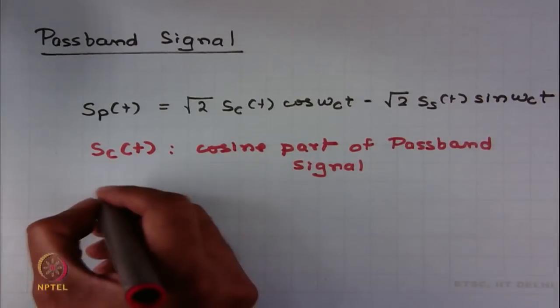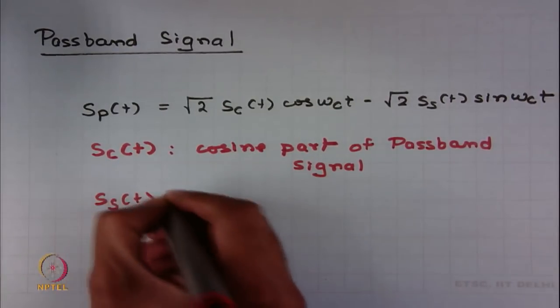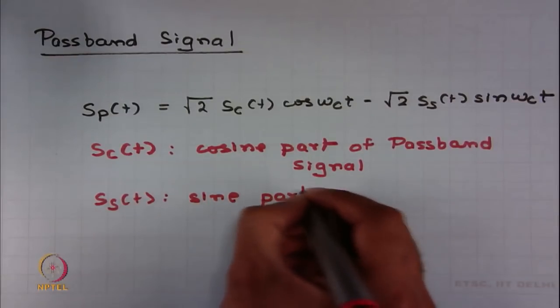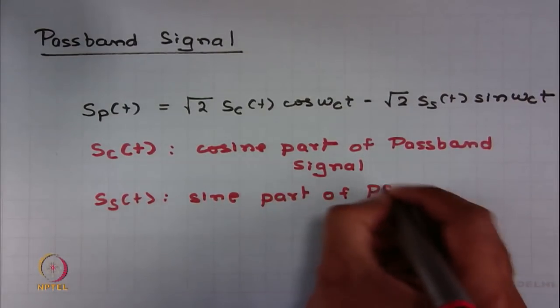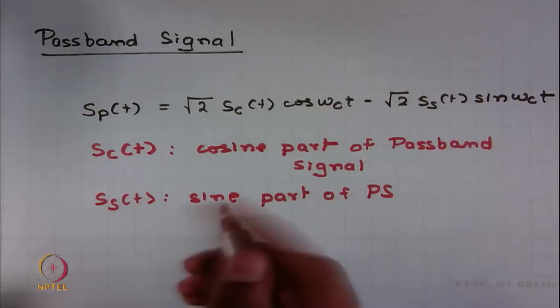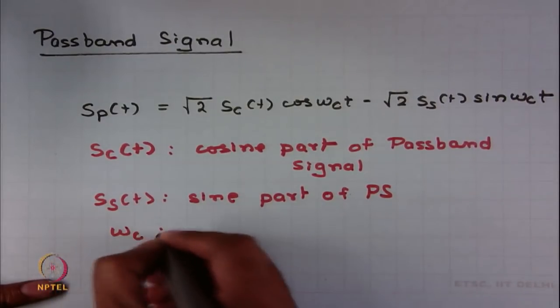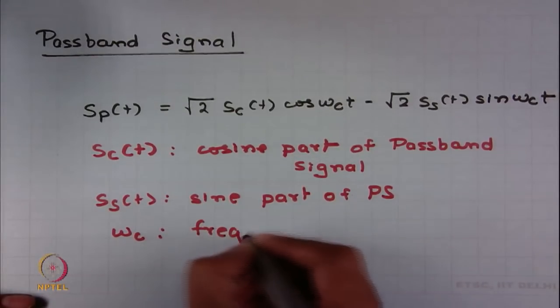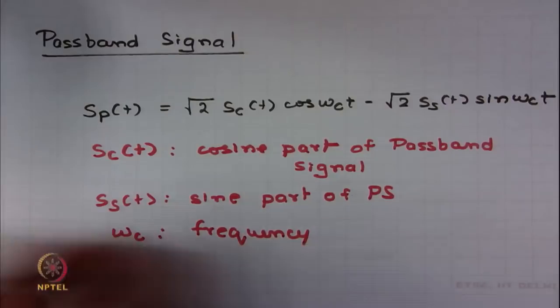Then we have S_S(t), which is the sine part of the passband signal. Omega_c is the frequency at which you have a passband channel. Of course, it is an angular frequency in radians per second.